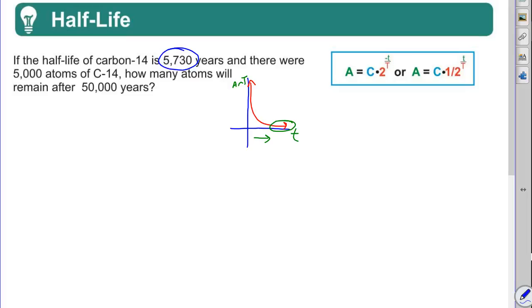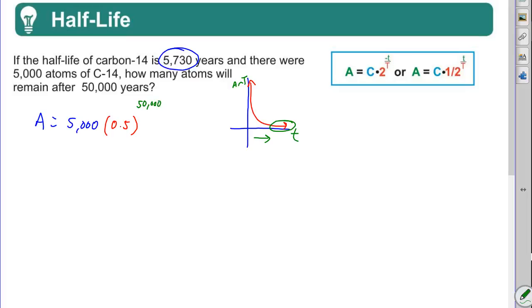All right, so our total amount is going to be a factor of the initial amount, the 5,000 atoms, times, and again, you can do it either way. I like the half because now I have a positive exponent, and you can just do 0.5, right? A little bit easier. What's our time? 50,000 years.